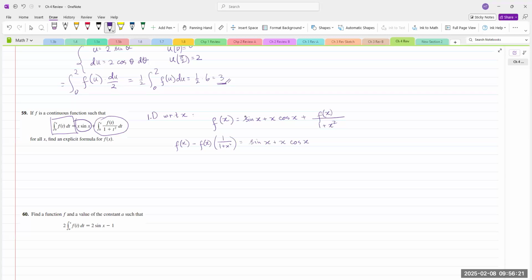Is it right? So f(x) times 1 minus that. But I hope you can see this is basically f(x) times x squared over 1 plus x squared. Is it right? Equals sine x plus x cosine x.